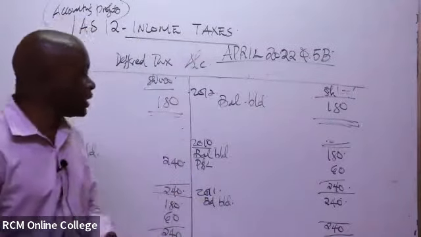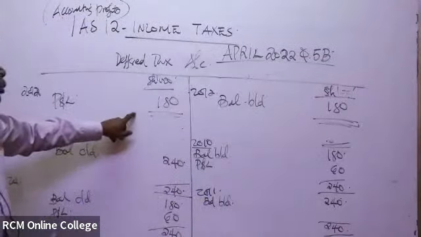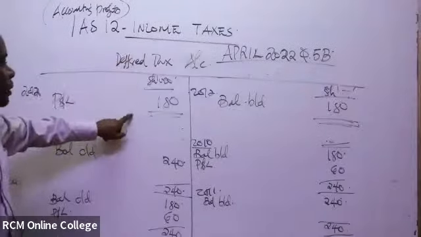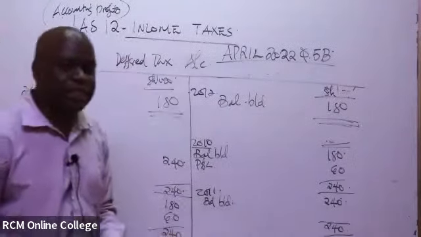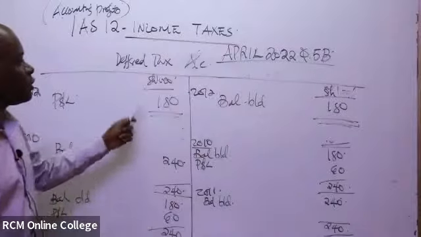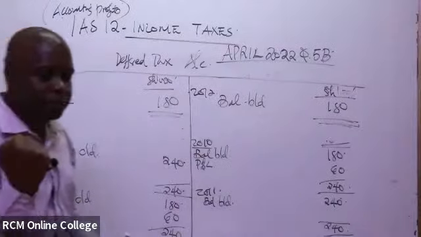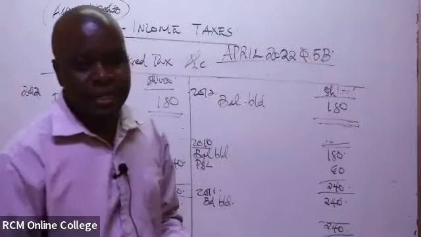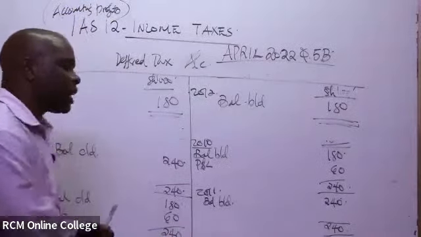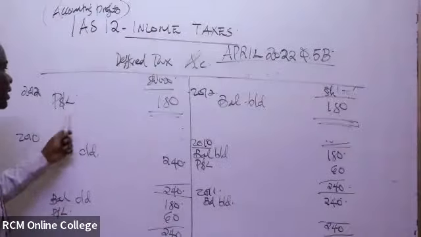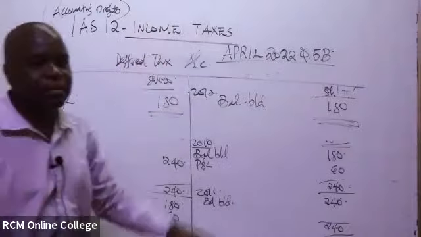So the double entry, like for this one, when there's one account having to be debited, there's another one having to be credited. Of course, the one that is having to be credited is the income statement. It is the rule of thumb. All credit entries in the income statement are incomes. In this case, this one will go there as an income.